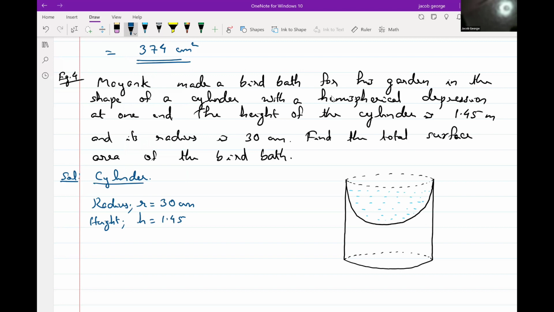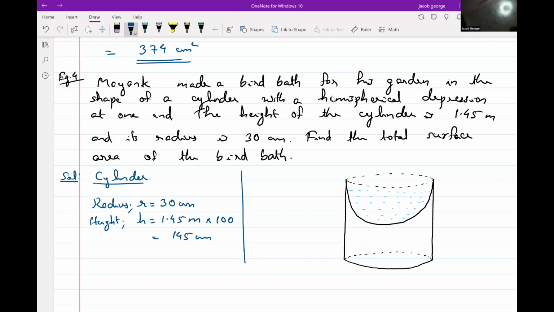That is a problem: one is in centimeter, other is in meter. So I just convert this into centimeter. For that, multiply by 100, so that will be 145 centimeter. That is also a very important point: both the dimensions should be in the same unit. If one of them is in centimeter and the other is in meter, we just convert like this.